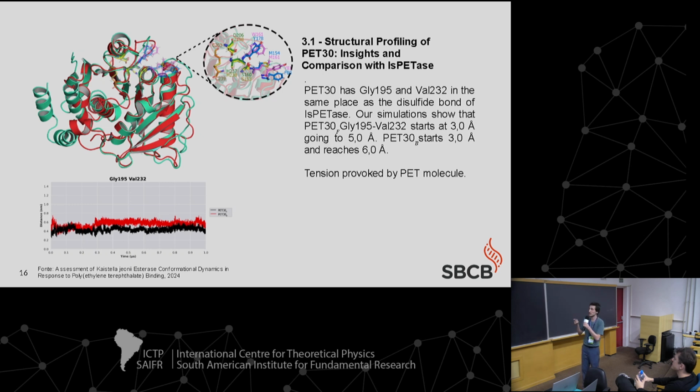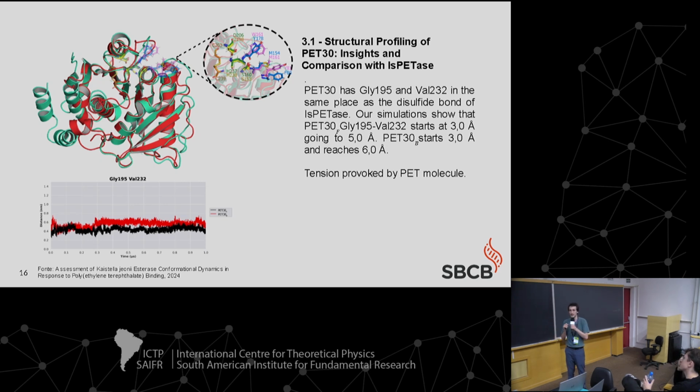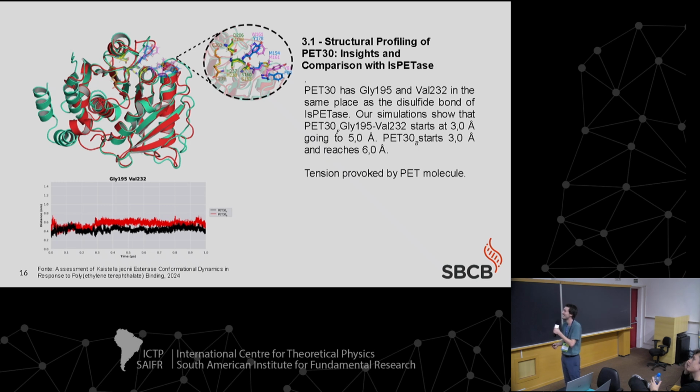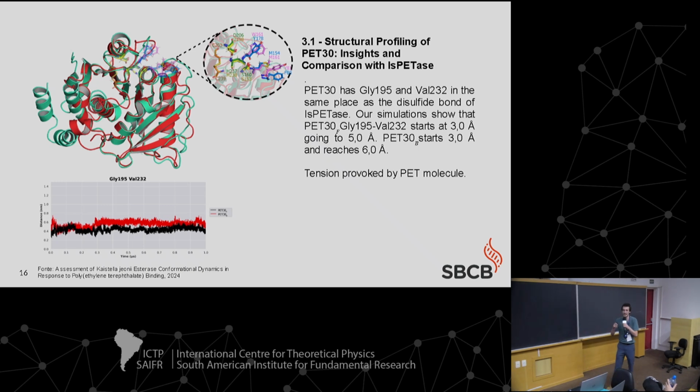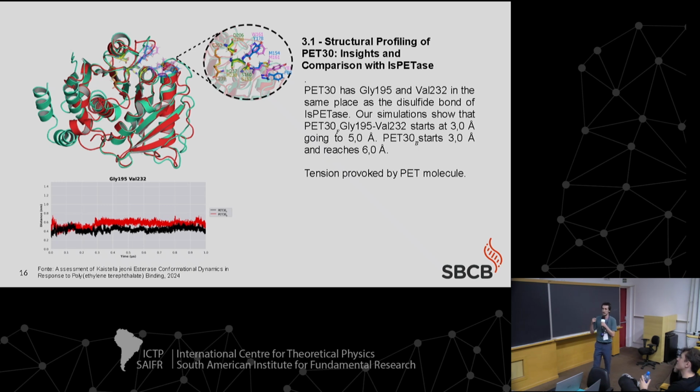So it seems like the PET molecule induces force in this catalytic pocket and provokes these two amino acids to get away from each other, which indicates an impact on the formation of the catalytic triad conformation.